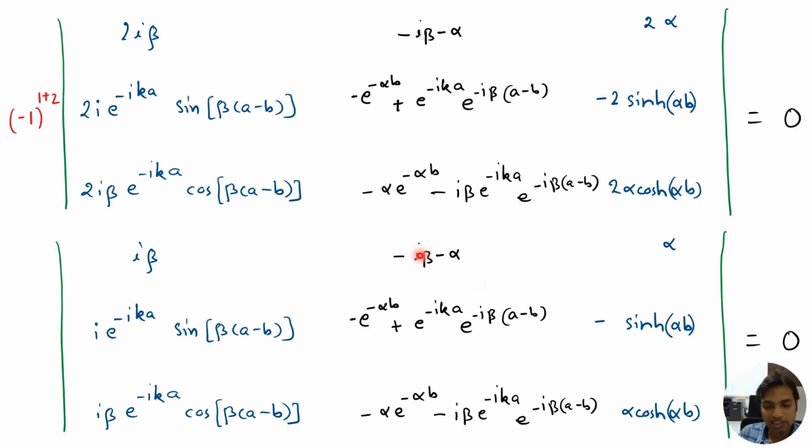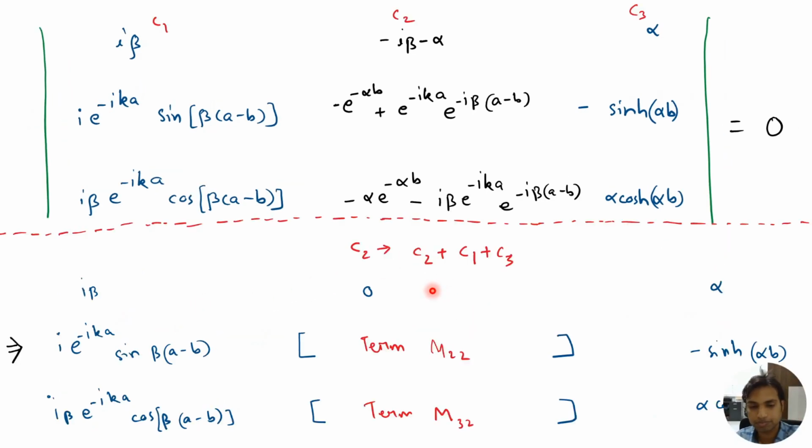Now we can do another column operation to make this quantity 0, because here minus i beta is there, minus alpha is there. So we can replace this column with C2 plus C1 plus C3. This is the expression we had, and we will do C2 plus C1 plus C3, and once we do that, for the first row at least we can see that it is becoming 0.